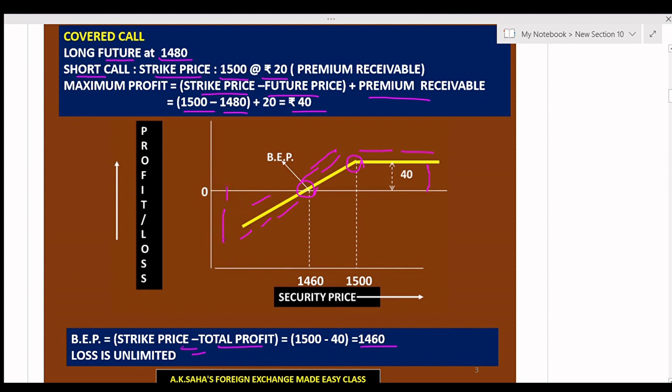The loss will decrease when the market moves upward, and when it reaches the BEP, it will be nil. If it crosses the BEP, the profit will start, and at the strike price it will be 40, and it remains constant when the market moves upwards.